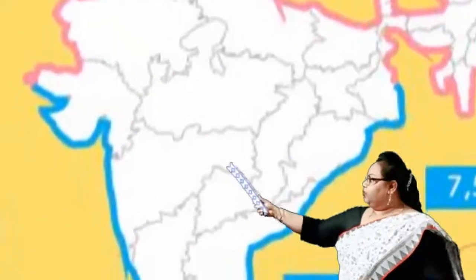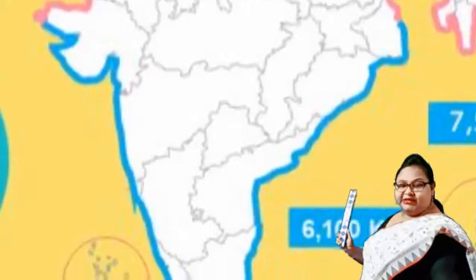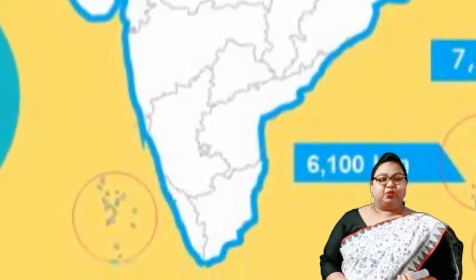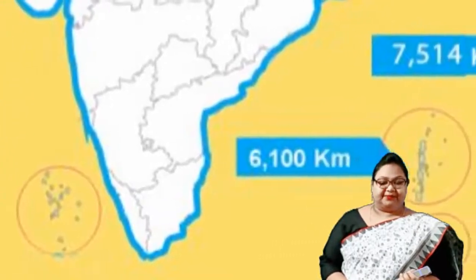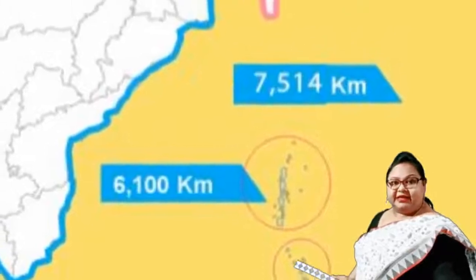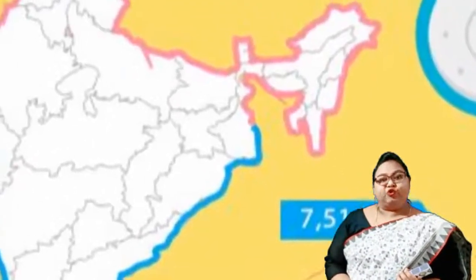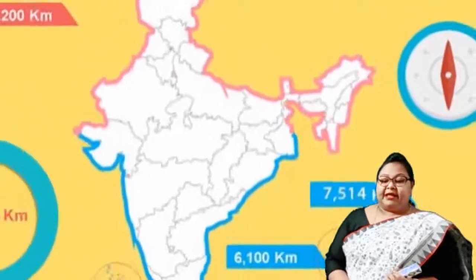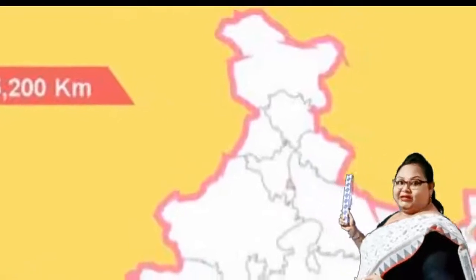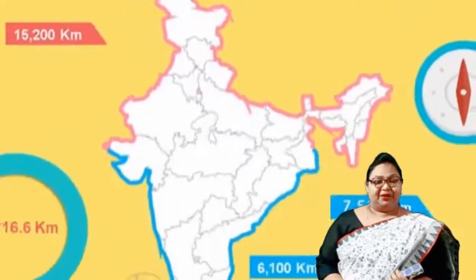The length of the coastline, here they are only talking about the coastline, is about 6,100 kilometers. And when you include the islands, it is 7,514 kilometers. The land frontier, the area that is connecting with the other countries, is about 15,200 kilometers.